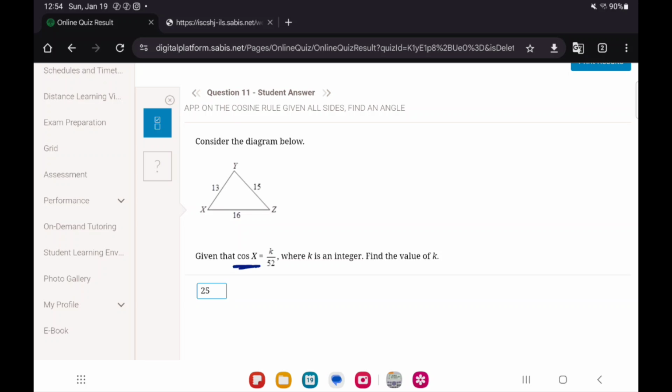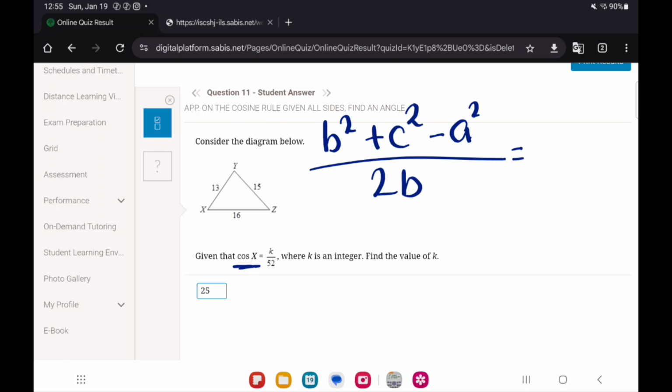We know the cosine rule is b squared plus c squared minus a squared over 2bc is cosine of angle A. This time they have x, z, y. If you want to switch it around, you can, but I don't see that there's a reason to.